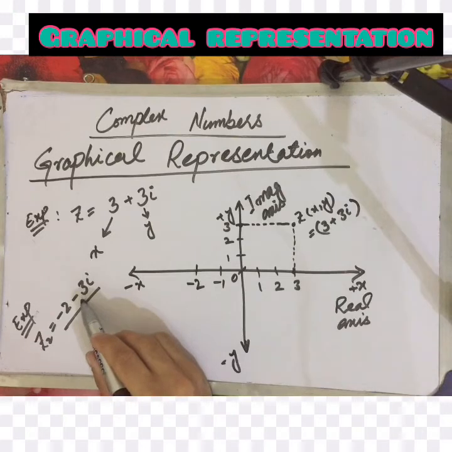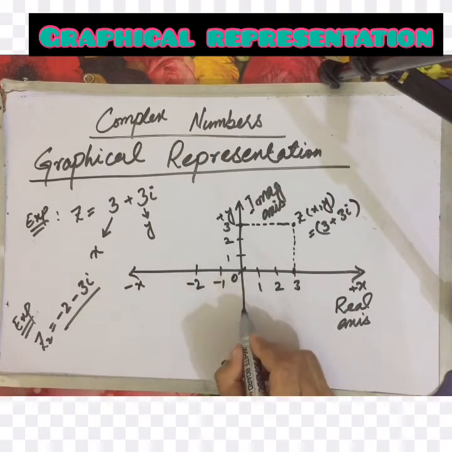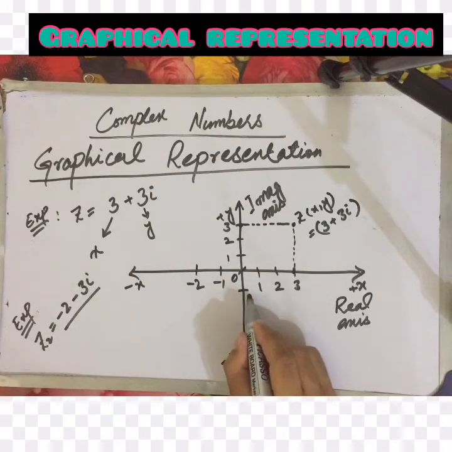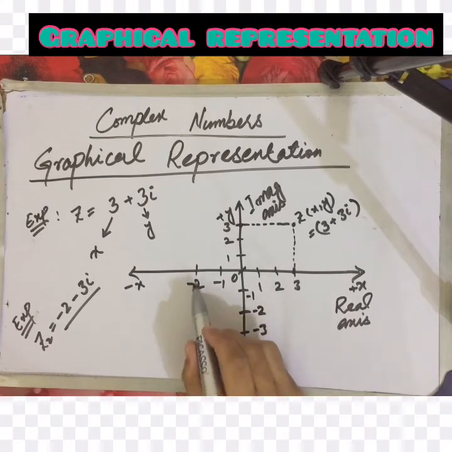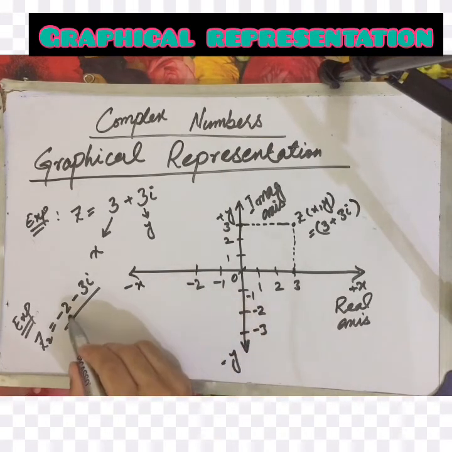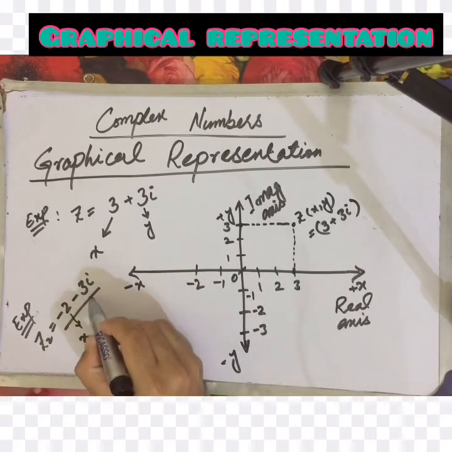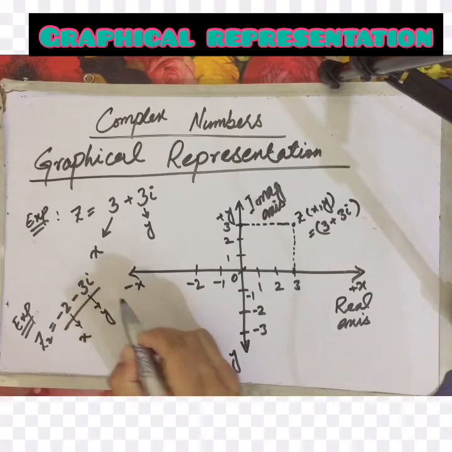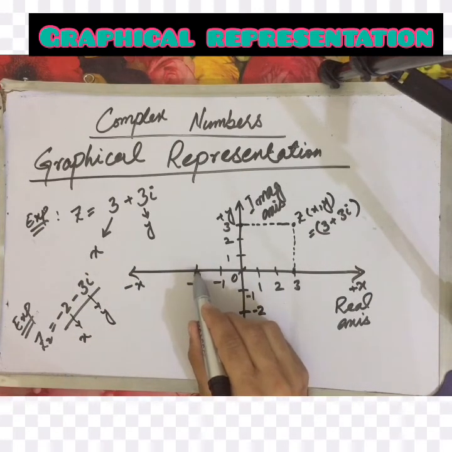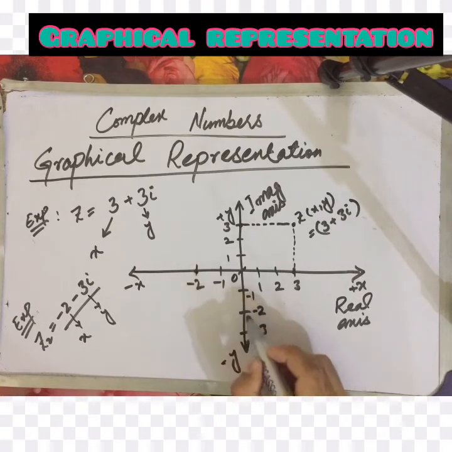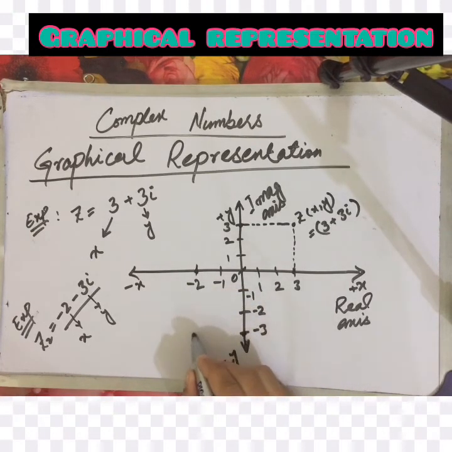The imaginary number is also a negative number. Also draw this on the negative y-axis, minus 3. This is x, this is y. Draw this on the xy plane. Minus 2 is here and minus 3 is here. Combine both with each other.